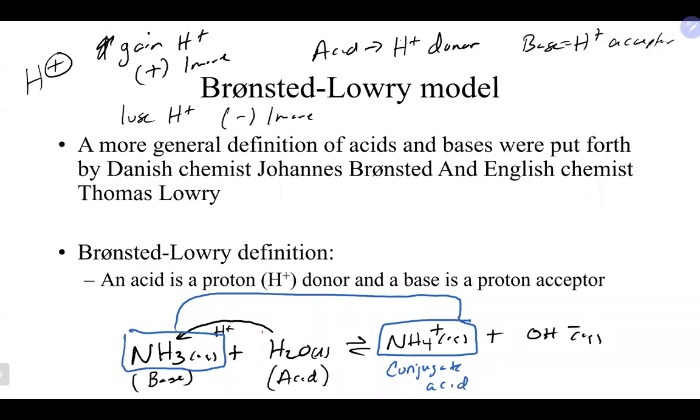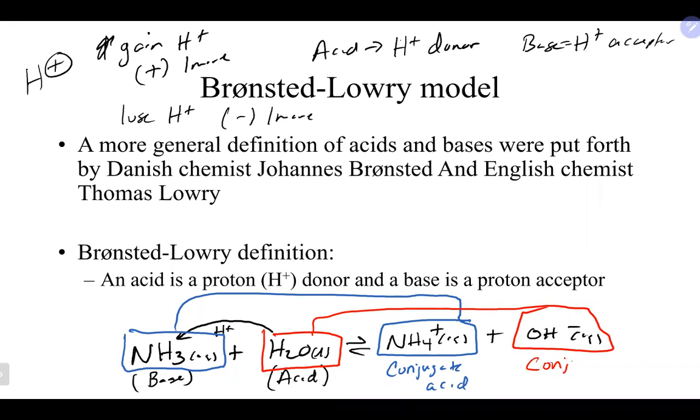On the left-hand side, the water, which is the acid, is related to the hydroxide on the right-hand side, which is referred to as the conjugate base. So what happens as a result of the Bronsted Lowry definition is we create pairs: an acid and its partner, the conjugate base, and a base and its partner, the conjugate acid.